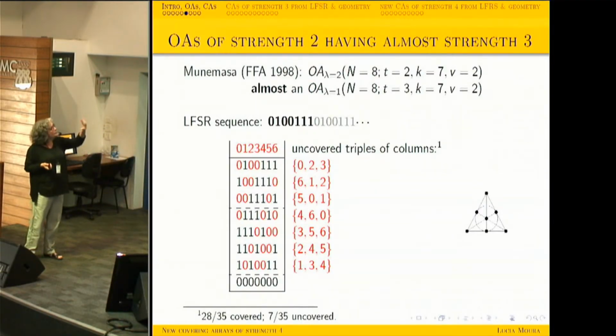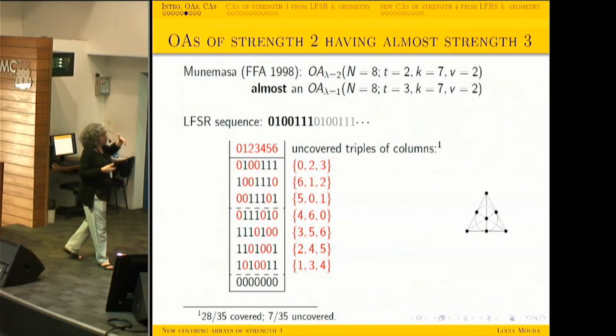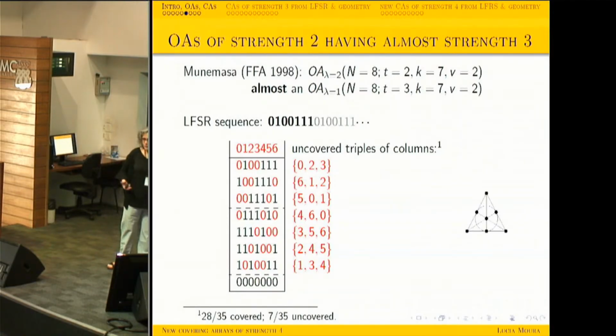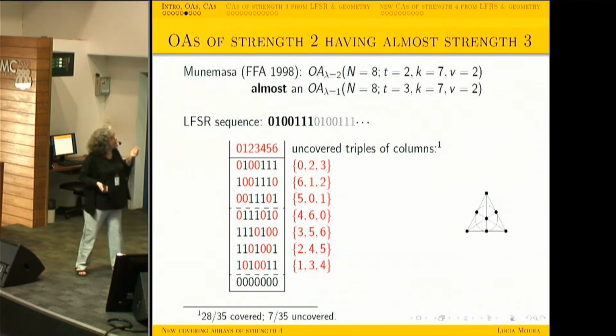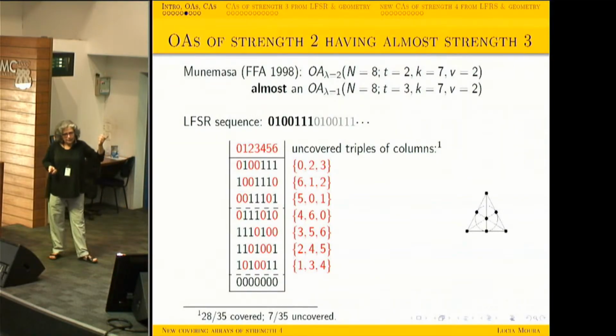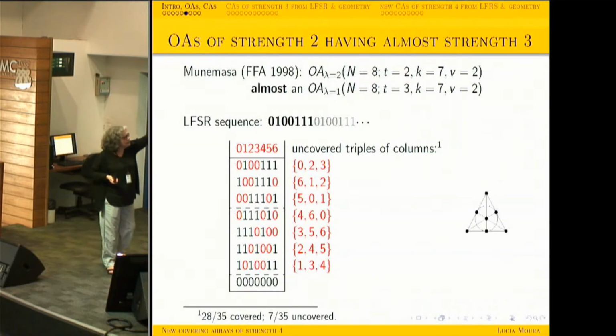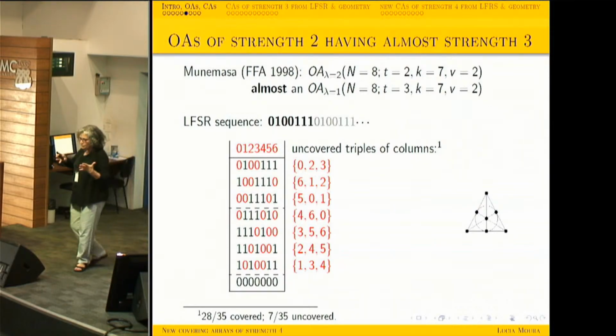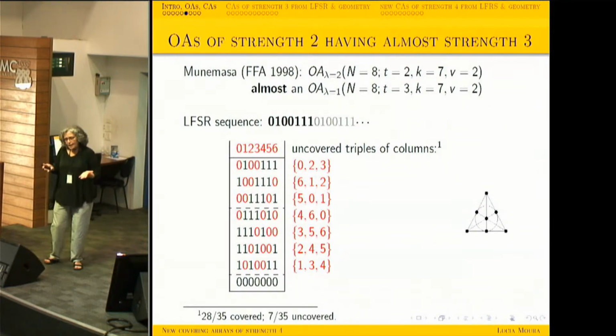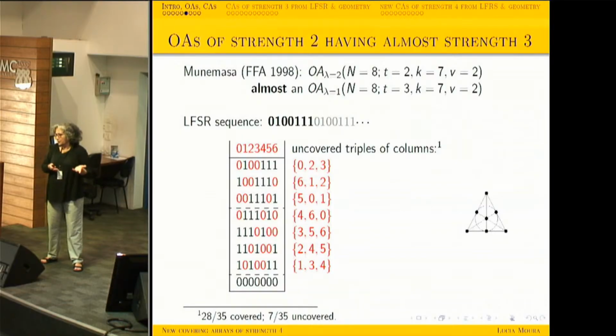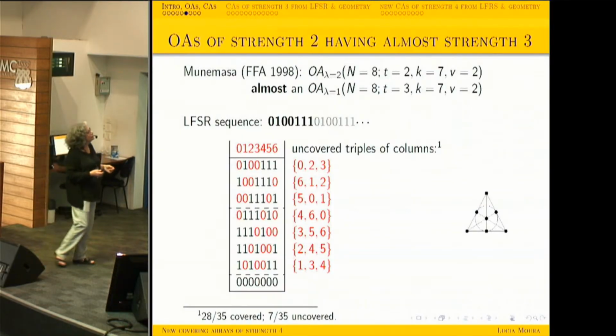And there is a paper in '98 by Munemasa where he looked at some arrays built with those sequences. In those cases they're only binary, okay? But he observed that there are some arrays built from these sequences that have strength 2 and almost 3. And we're going to use things like this to build covering arrays.